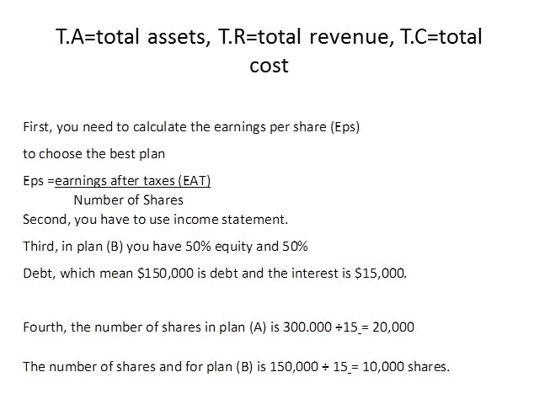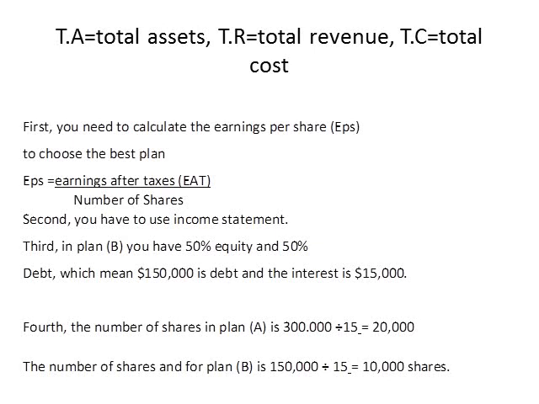And the interest rate in plan B is 10% on debt or on loans, which means we multiply the $150,000 times 10%, which gives me $15,000.